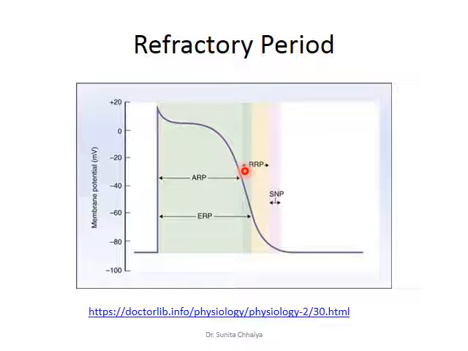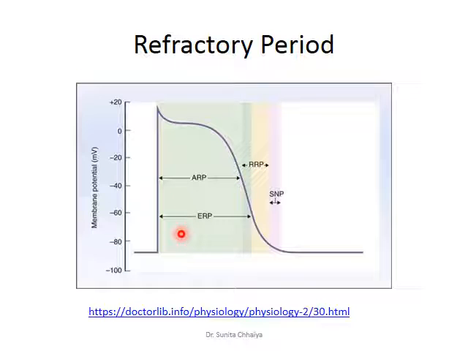So any higher strength of stimulus is able to stimulate the cell, and another action potential is started, and this is a main target to alter the cardiac rhythm, in the development of cardiac arrhythmia.